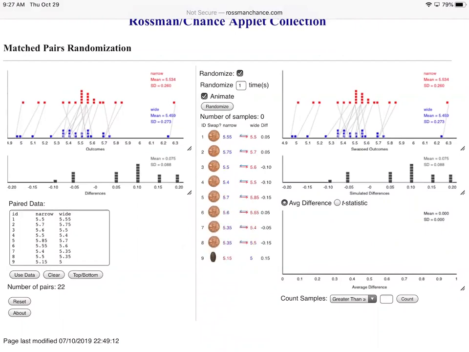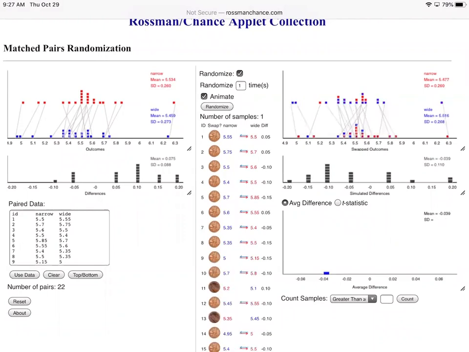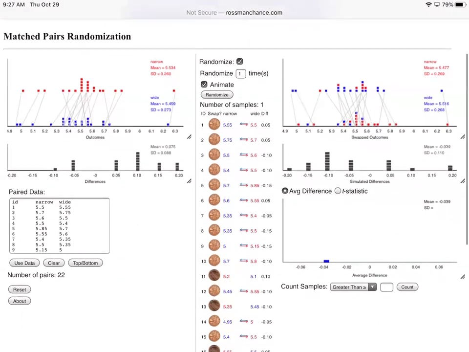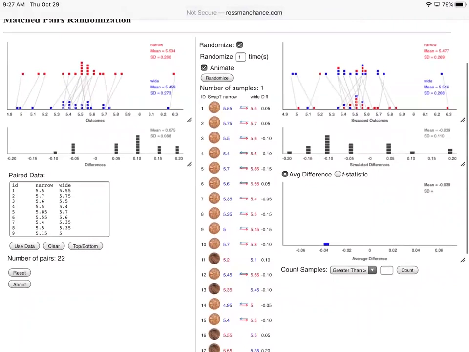And it's showing you what it comes up with, heads or tails. All right, so you see heads, and we switched the difference. And when it came up tails down here, we did not. So you can see where it was swapped and where it was not, it was just left alone. All right, that ended up being negative 0.04 is what that calculated.